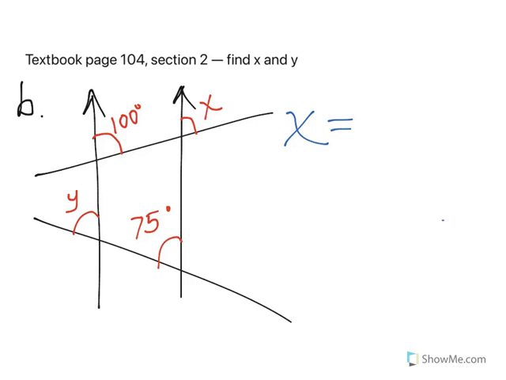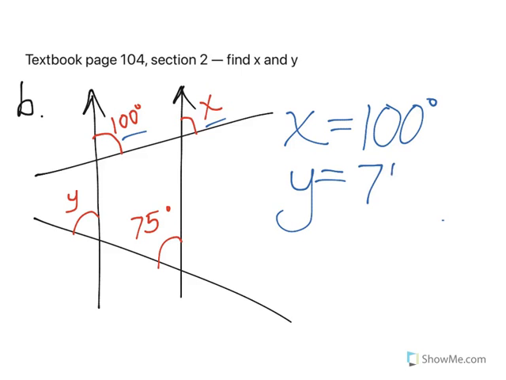If you said it's 100 degrees, you would be correct. Again, our angle x here is a corresponding angle of the 100-degree angle we are given. Okay? Now, what about y? What do you think that is? Again, if you said 75 degrees, you would be correct, all right?